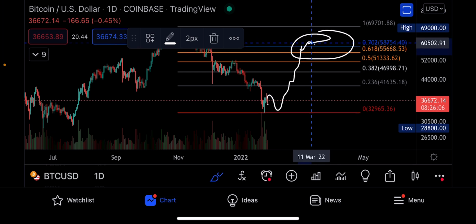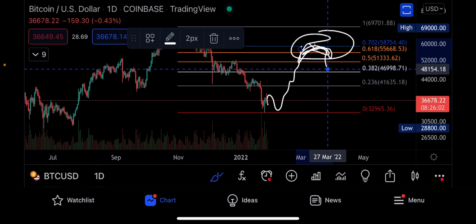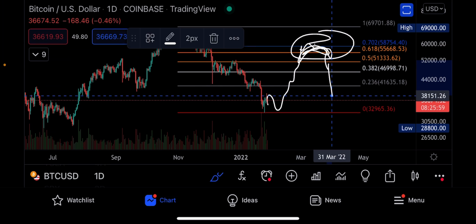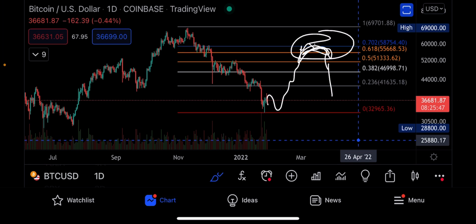Especially if we start having a rough time up here and then we break down, well, then I think that's going to be all she wrote. And it'll be official that we are in a bear market if we don't break this retrace.